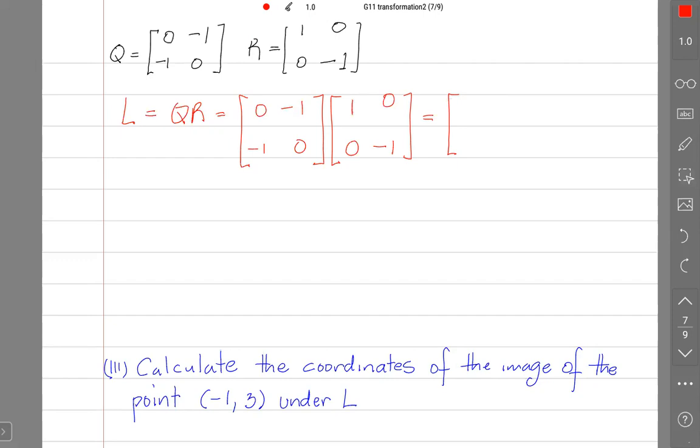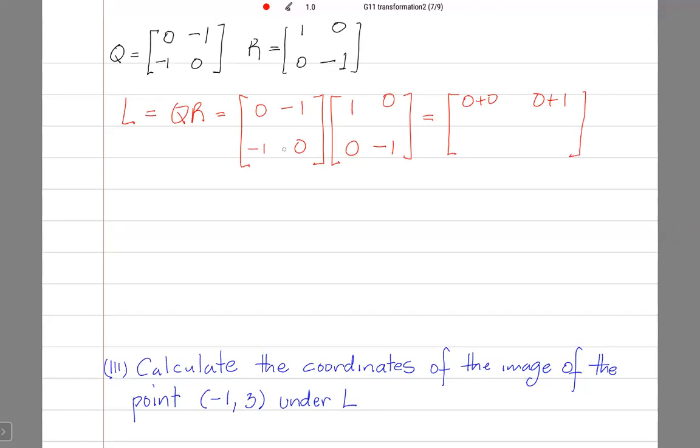So 0 times 1 is 0. And then the second element in the row, which is -1, by the second element in the column, which is 0. So -1 times 0 is still 0. Now I'm going to multiply the top row by the right column. 0 times 0 is 0, and -1 times -1 is +1.